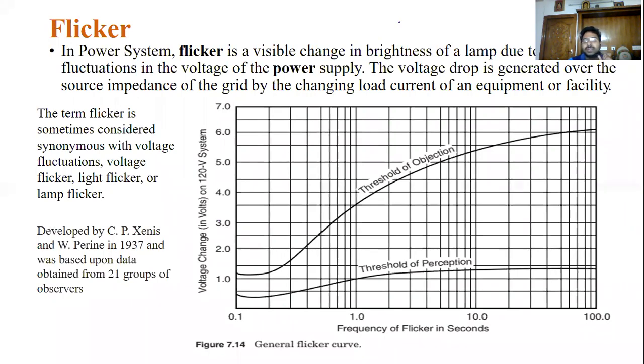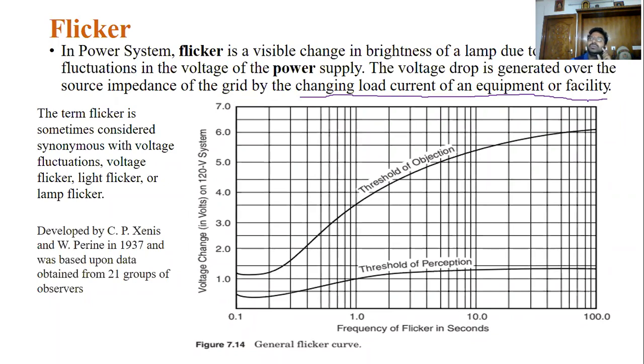How does that happen? It happens because of sudden changes in the load current at the load side. Only the load changes, and different types of devices draw different amounts of current, so the load current changes.